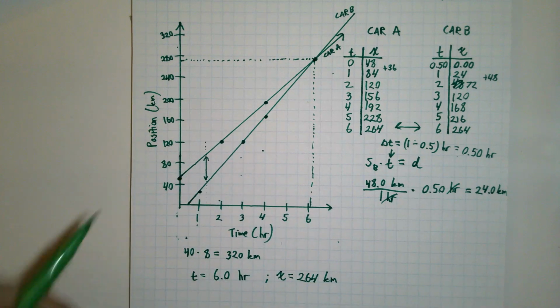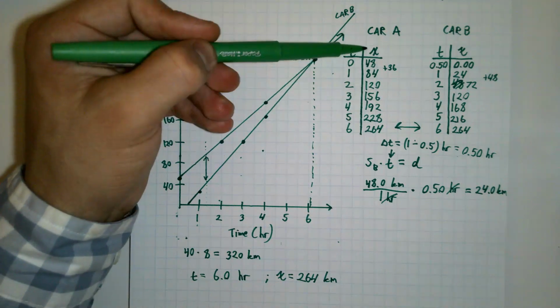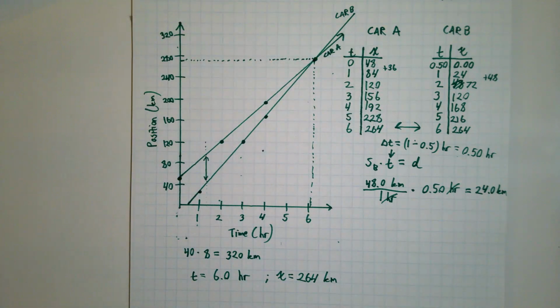That's when they meet. We see that graphically in terms of when the lines intersect, and numerically in terms of the two data tables that we have.